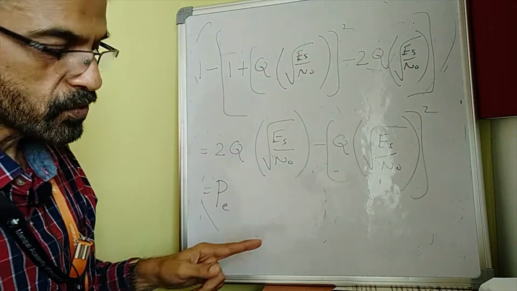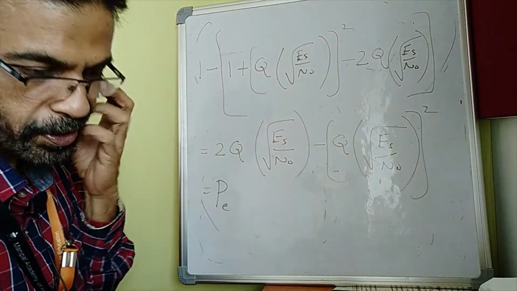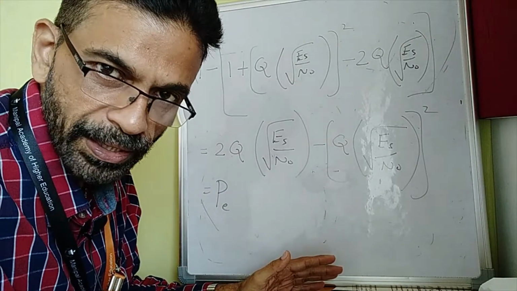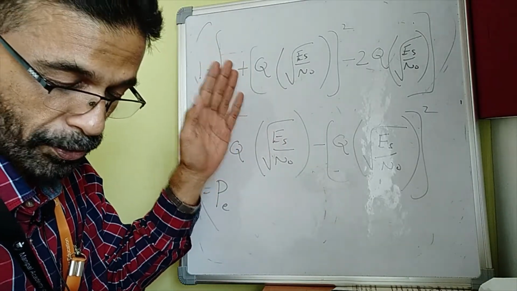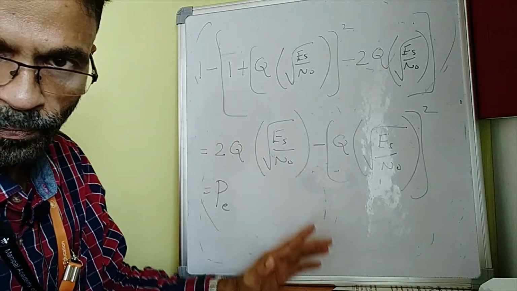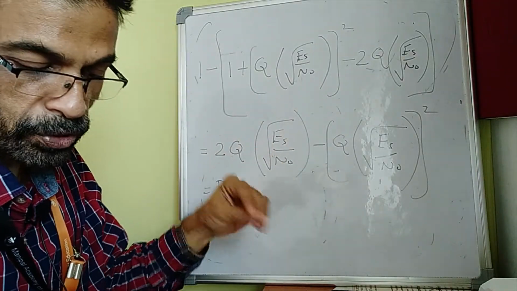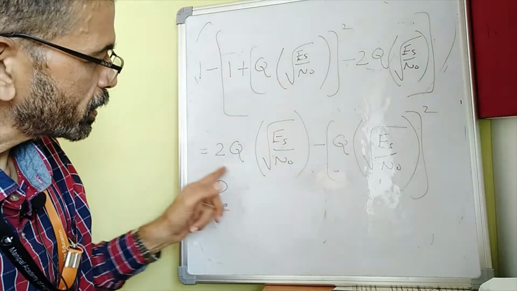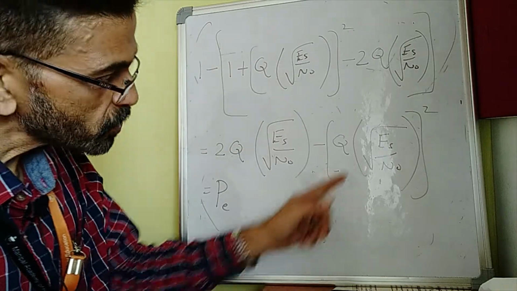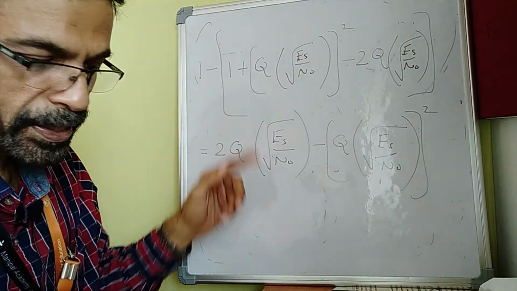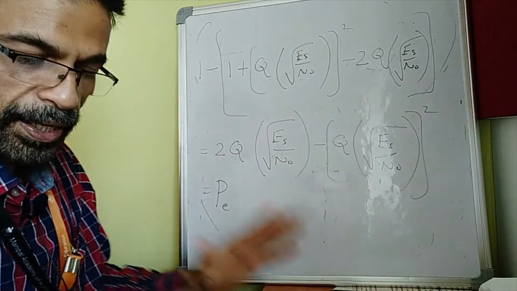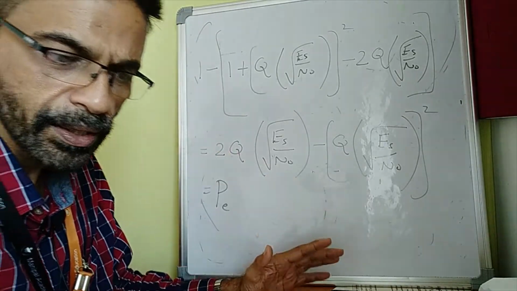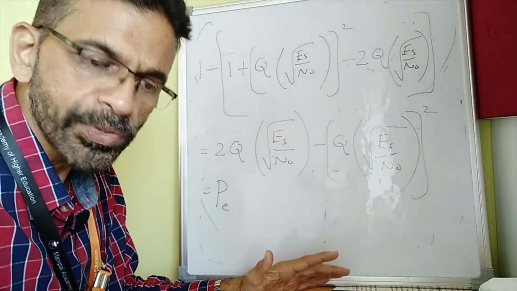And as I said, you can do that if you want. If you try to find out the probability of symbol S2(t) being detected wrongly, you'll end up getting exactly this expression. If you try to find out the probability of S0(t) being detected wrongly, you'll end up getting exactly this expression. So this being the probability of error in detecting any of the four symbols, and the four symbols being equiprobable, unless otherwise stated in a digital communication system, the symbols will be equiprobable.